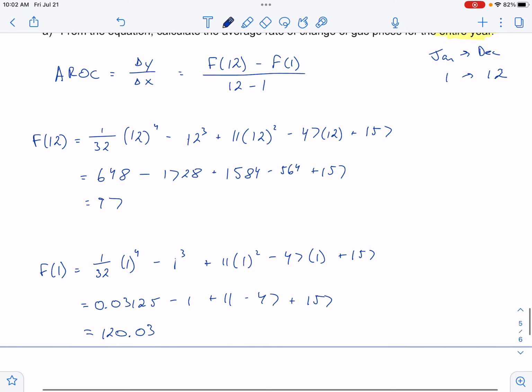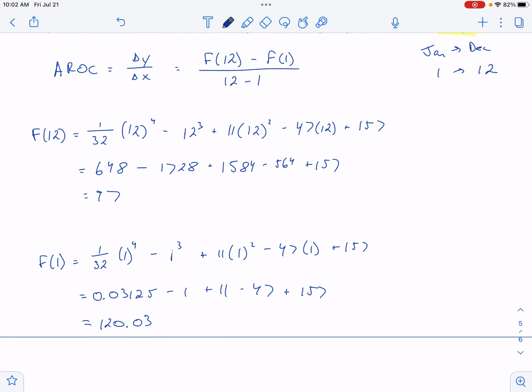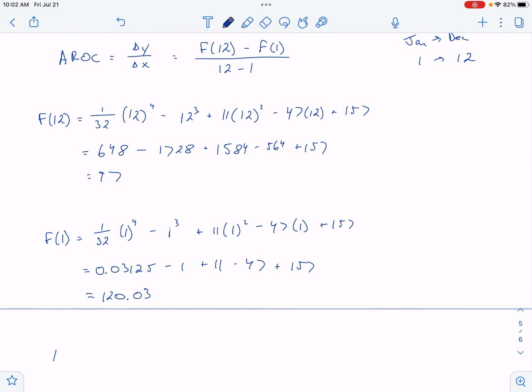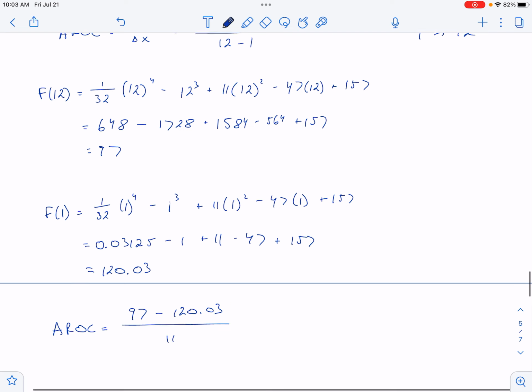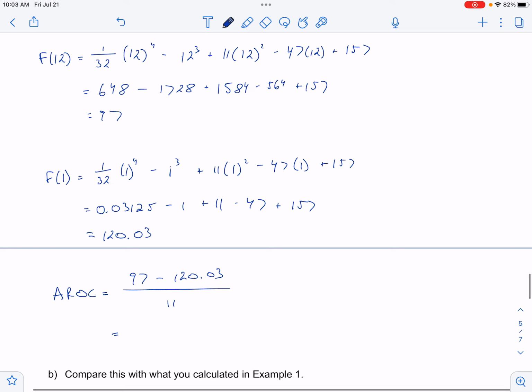It's going to be 120.03. So now we can actually go back to our AROC and calculate it now that we've done some of those. So our function at 12 is 97. Our function at 1 was 120.03, all divided by 11. 97 take away 120.03 is negative 23.03.